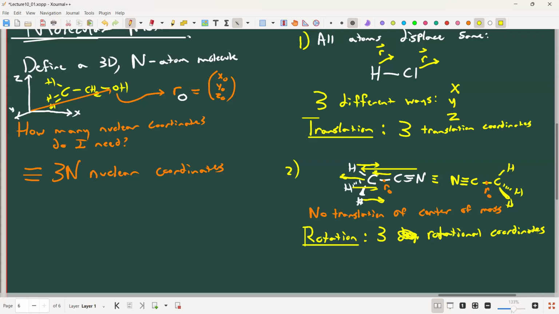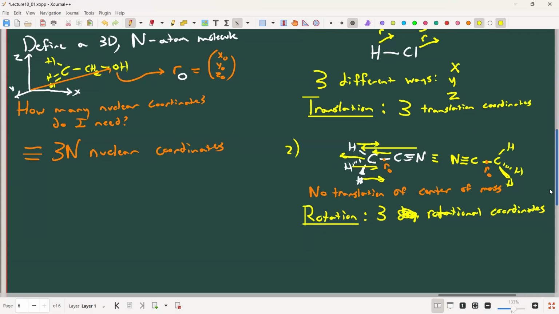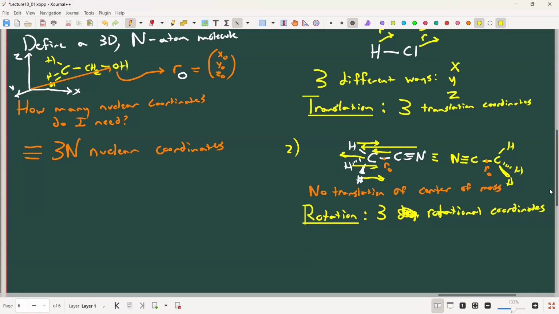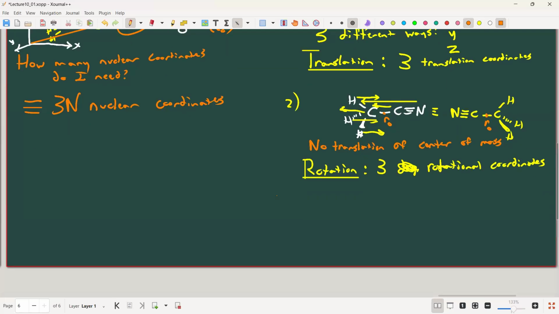What's left? Well, the ones that are left are where we're now displacing all of the atoms relative to each other, where the distances between the atoms are no longer conserved. Now we're stretching things. So the other type of motion, I'll draw it like this.